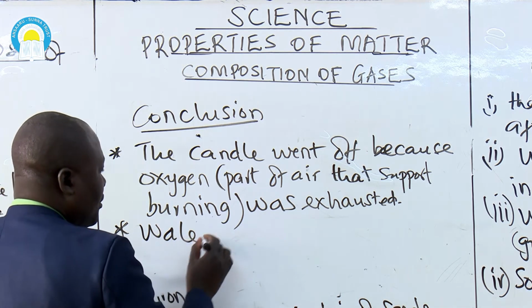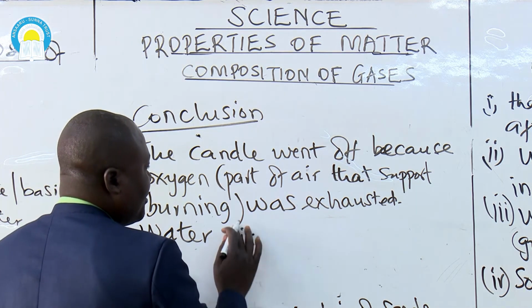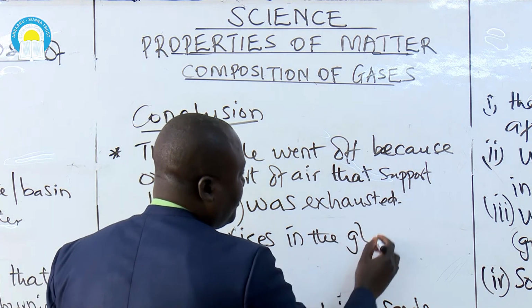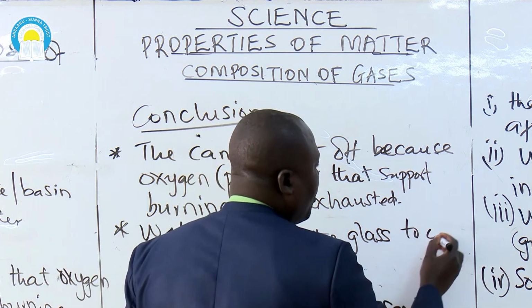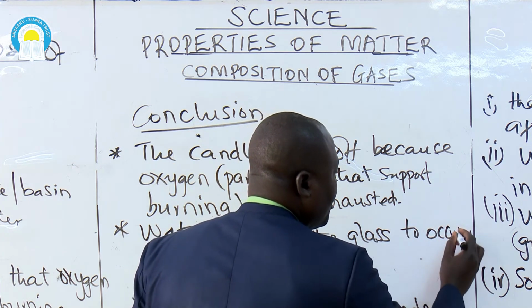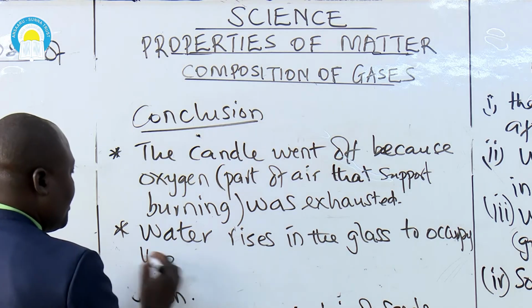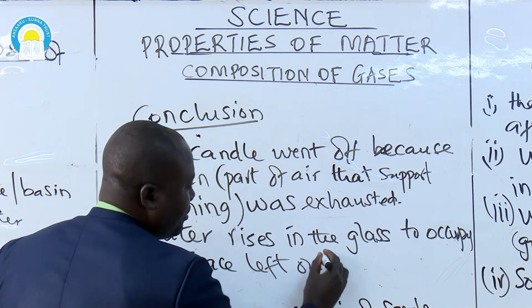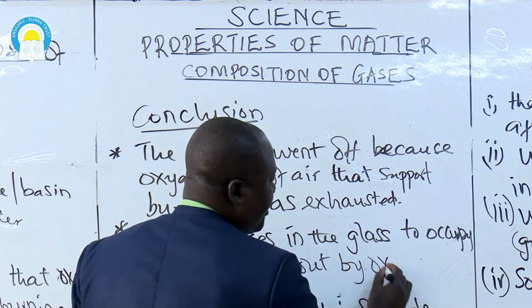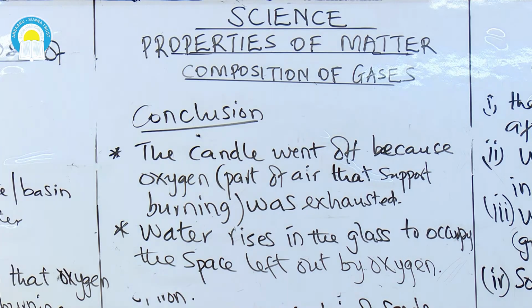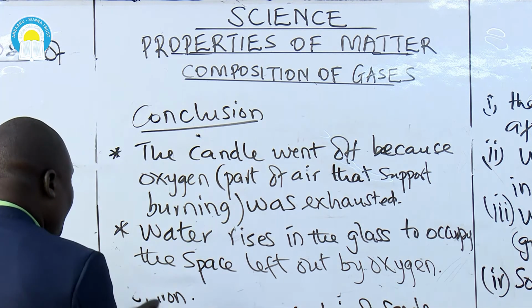Water rises in the glass to occupy the space left out by oxygen. So you can even know the amount of water entering the glass. It's about 20 to 21% in volume.